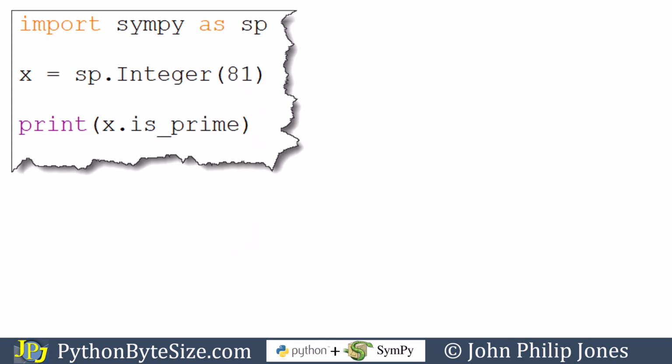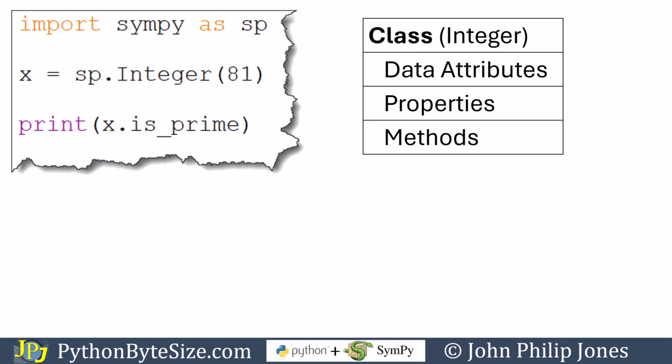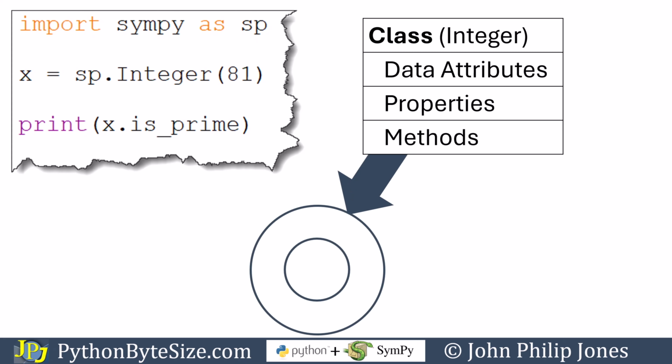So the runtime of this, if we look at a diagram to represent it, will mean that we'll be using the integer class. We'll be creating an instance of this integer class. This instance will exist in its own right. It's an object of the integer class, and it will hold the 81 that's come from here in the code.